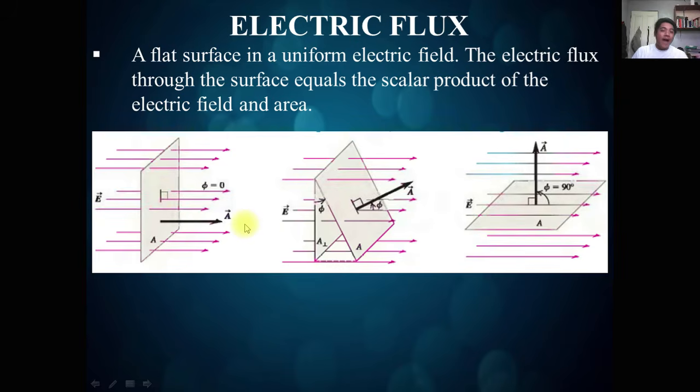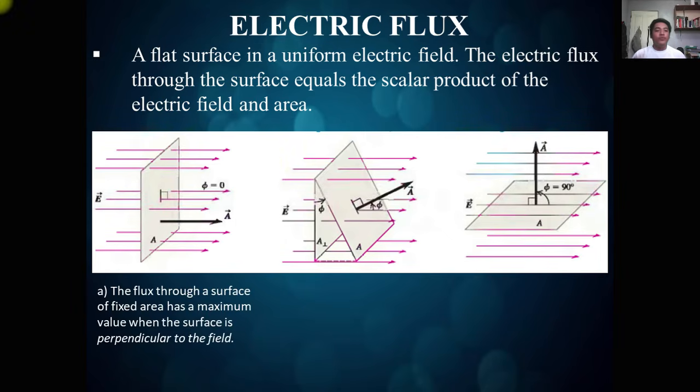So now we have an angle which is 0. So we can say that the electric flux here is at its maximum. If theta is 0, that is at maximum. So the flux through a surface of fixed area has a maximum value when the surface is perpendicular to the field, or when theta is 0 degrees.